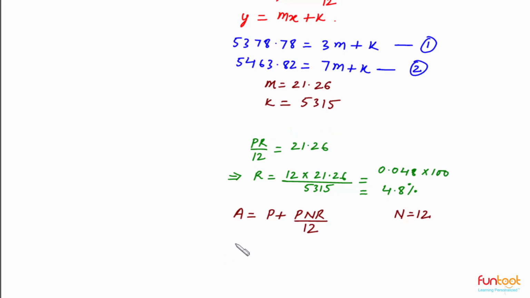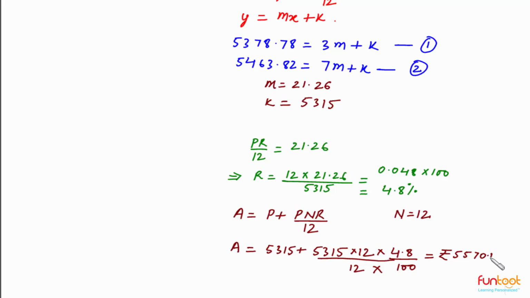So this will become A equals 5315 plus 5315, in place of N we will take 12, multiplied by rate 4.8 by 100, and whole over 12. When this is calculated, this comes as 5570.12.